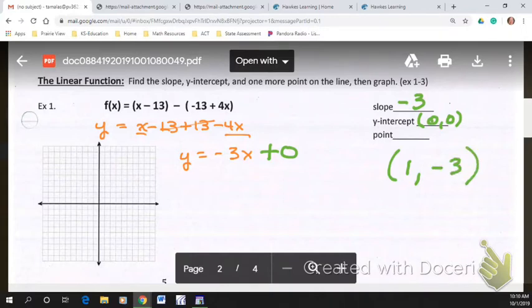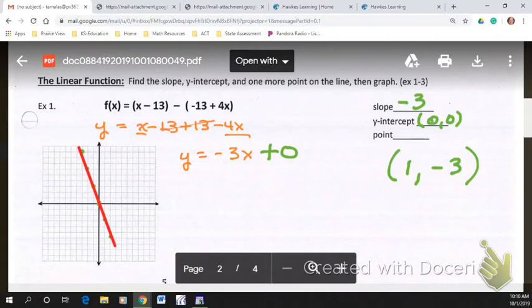So to graph that, I need to cross at the origin. My slope is down 3 and right 1. Or I could choose to go up and left. My line should be downhill when I get done. Does it look downhill? I believe it does. Okay, so there's our line.